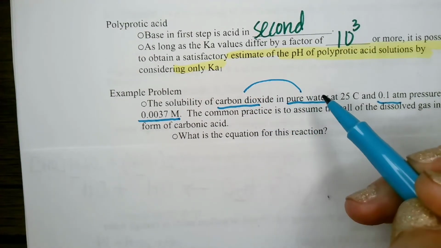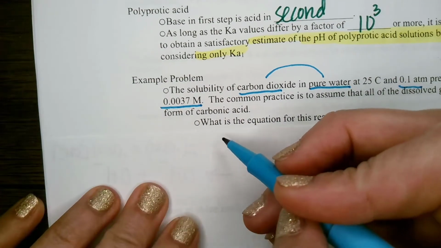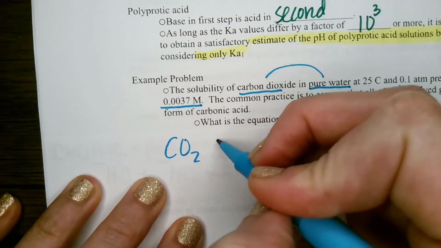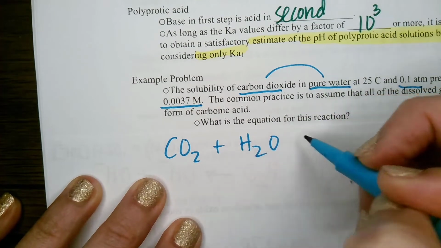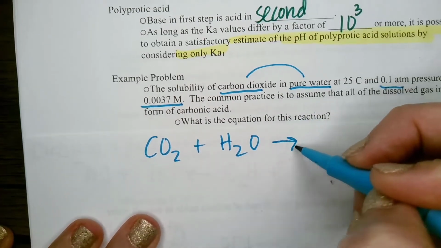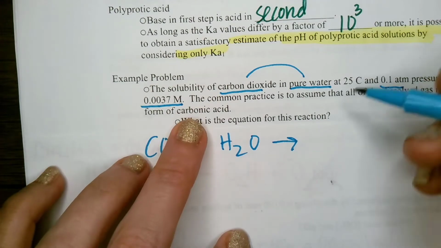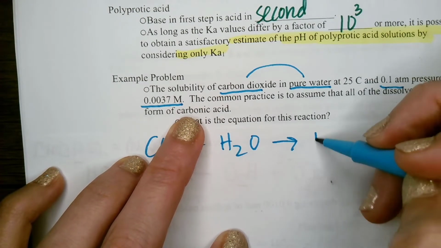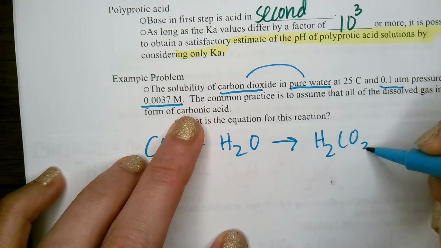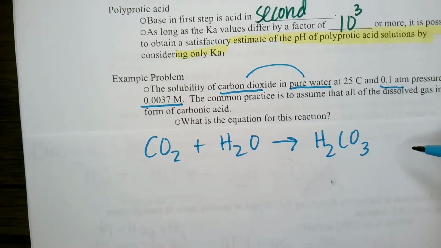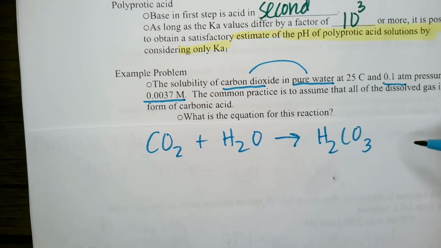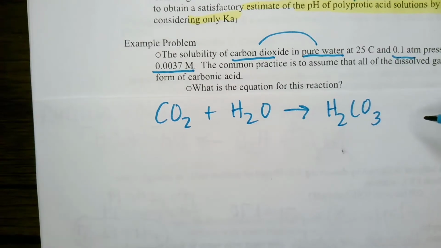So let's write this out. CO2 plus H2O react to form carbonic acid, which is H2CO3. All right, so now we're going to show the dissociation of this acid.